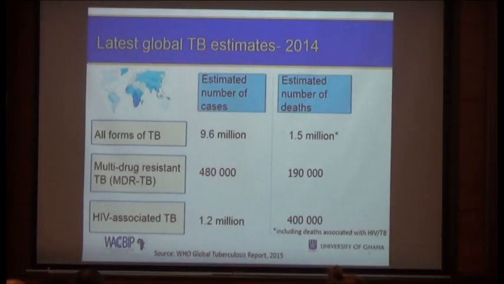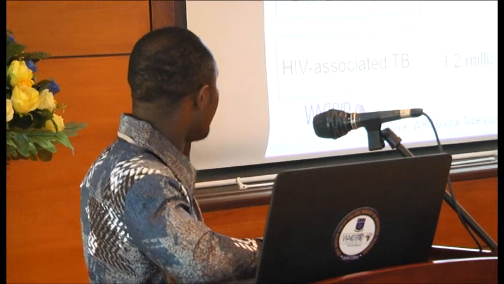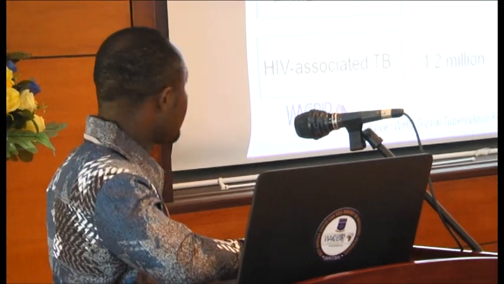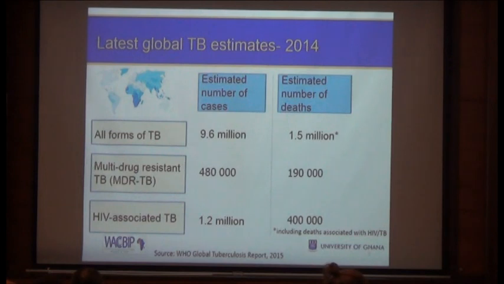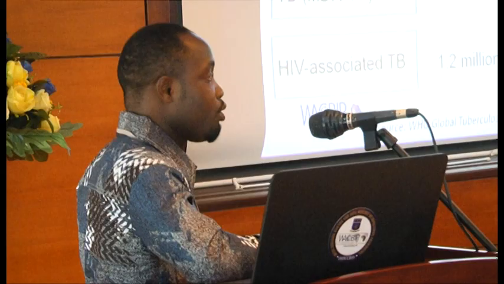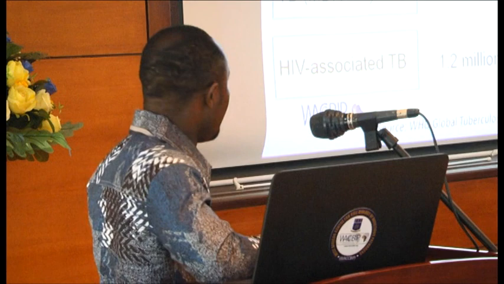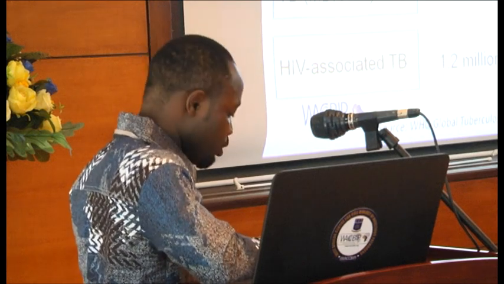So to determine the true burden of TB at national and global levels, Ghana was one of the 22 TB-focused countries earmarked by WHO to conduct a population-based prevalence survey to determine the true burden of TB through a direct measurement of the disease.